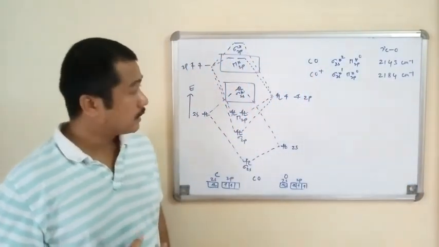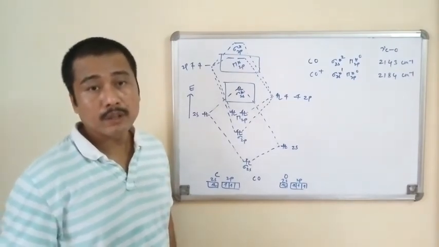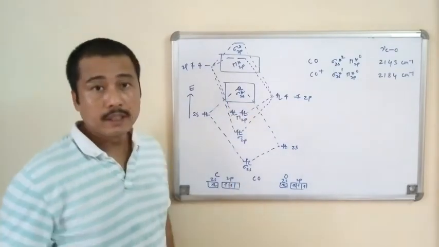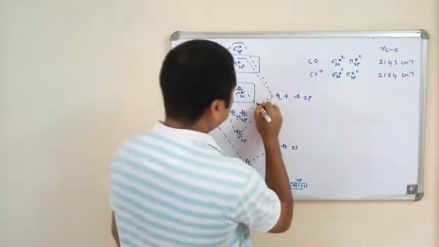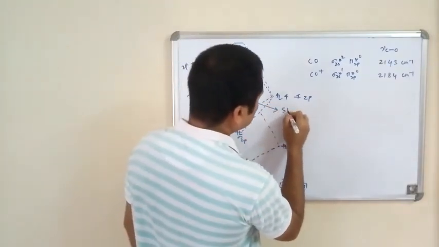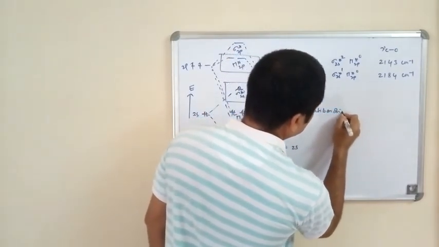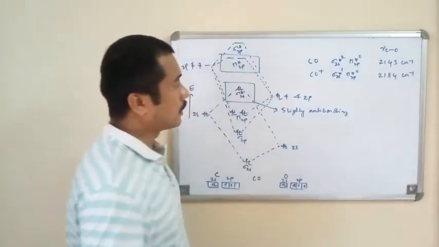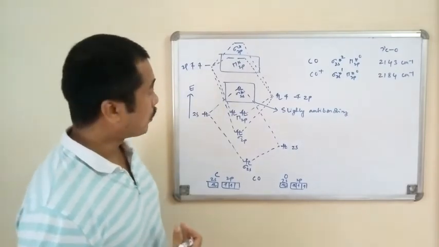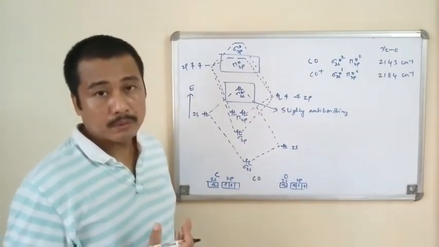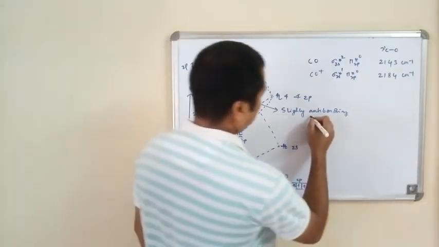So this molecular orbital is anti-bonding in nature, and that is why removal of an electron from it increases the CO bond order slightly. We can say that it is slightly anti-bonding in nature, because the increase in CO stretching vibration is not very substantial. So the anti-bonding character of this molecular orbital must also not be very significant, and that is why we write it as a slightly anti-bonding molecular orbital.